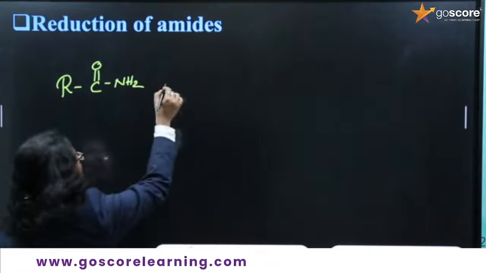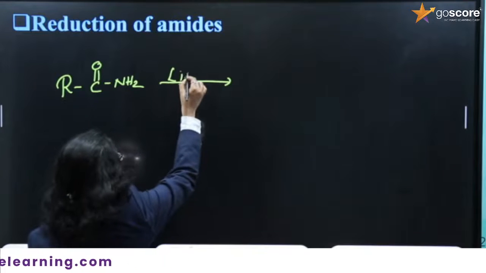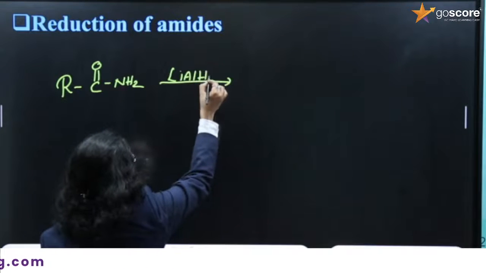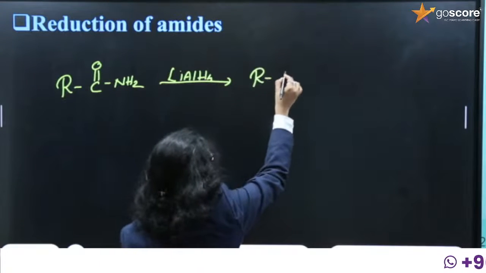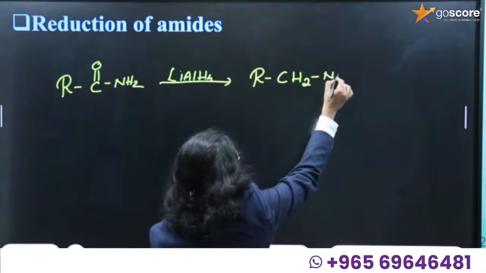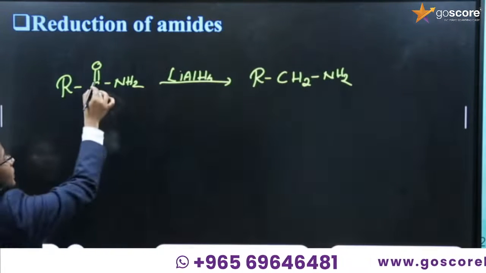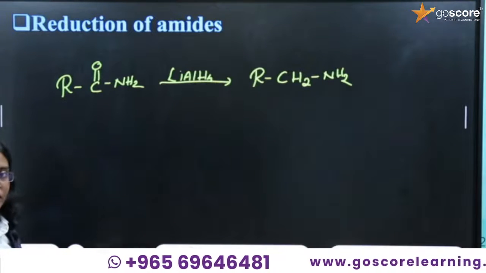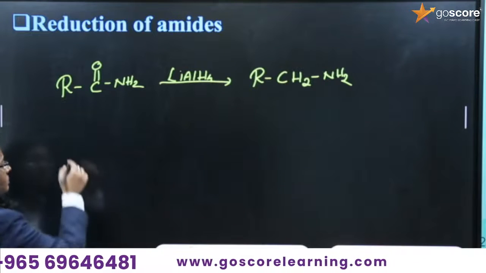So amides on reduction with lithium aluminium hydride, you will get RCH2 NH2. Here also add hydrogen here. That is a removal of oxygen, addition of hydrogen.